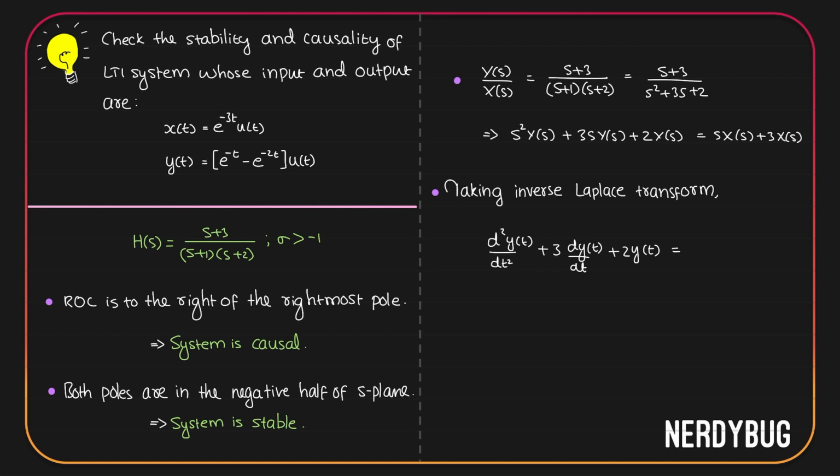This is equal to the inverse Laplace transform of sX(s), dx(t) by dt, plus 3 times that of X(s), x(t). This is the linear constant coefficient differential equation that specifies the system given in the question.